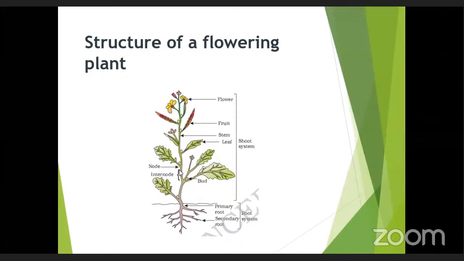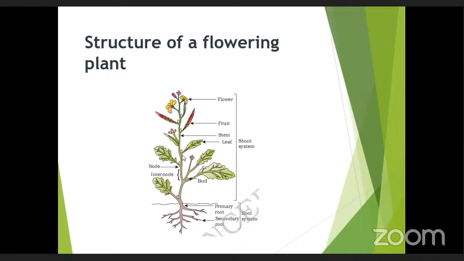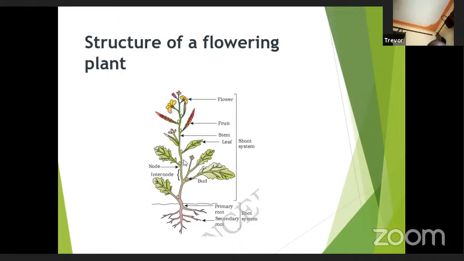Then the internode, as you can see, you have marked from here up to here. That part there is the internode. You have to be following through your screen, following my cursor here. It can be this part here. They can mark this part here. It can be that.